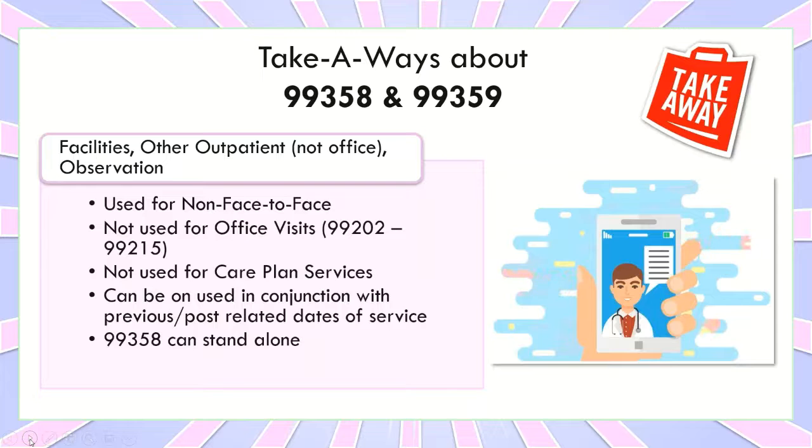They are not used for office visits 99202 to 99215. Also not used for care management services. They can be used in conjunction with previous or post-related dates of service, but your key is related. And 99358 can stand alone.